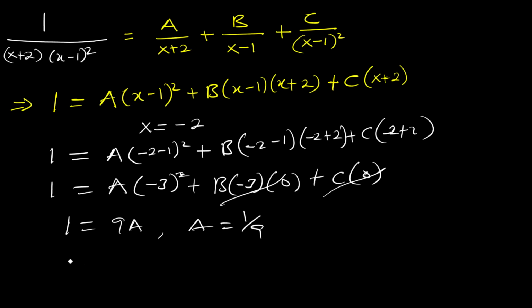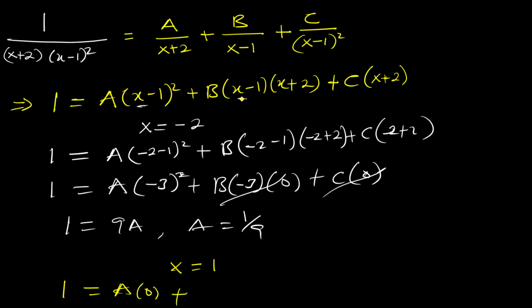All right. So let's look for the other variables, that is B and C. How do you find C? When I put 1 here, A and B will go to 0. So when x equals 1, we have 1 equals A times (1 minus 1), which is 0, and 0 squared is still 0.